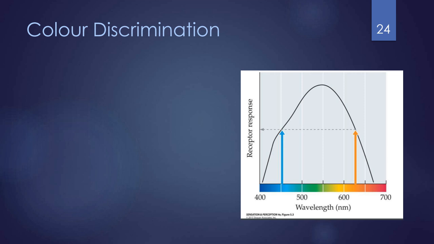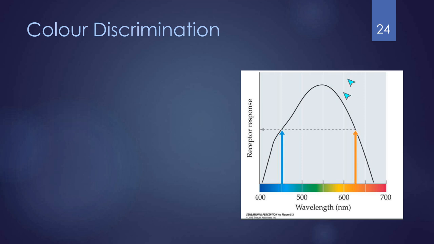This figure provides a really good illustration of the problem of univariance. It shows the theoretical response of a cone receptor to two different wavelengths of light. We've got 450 down here, so this is the response to 450 with this cone, and then we also have the response to a 625 nanometer wavelength.